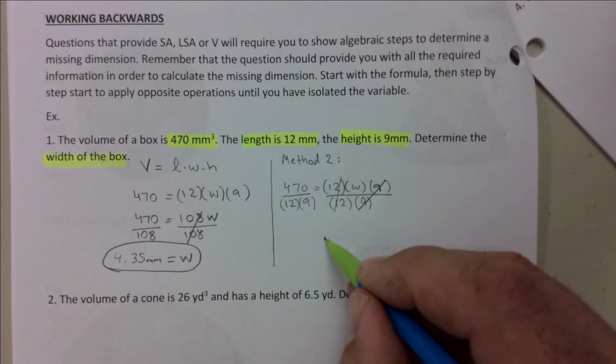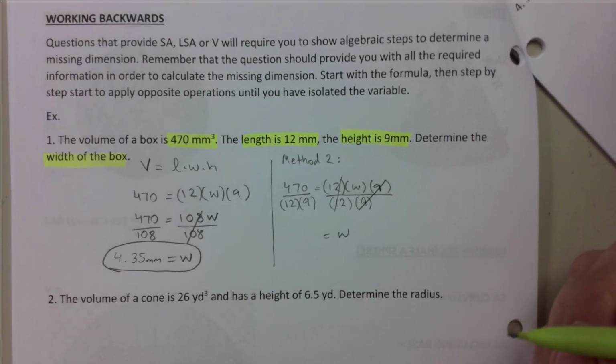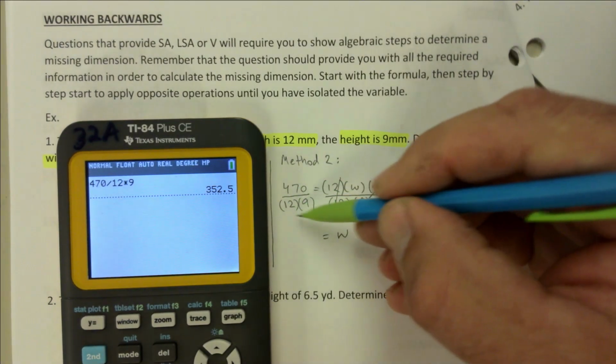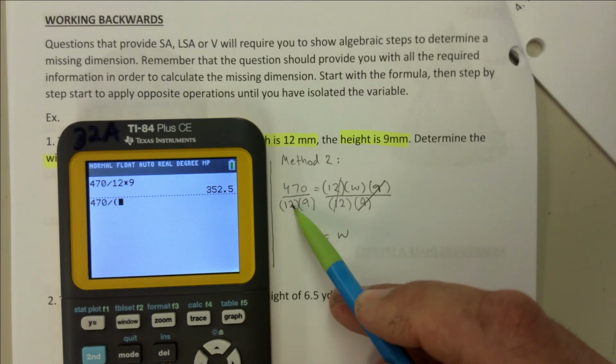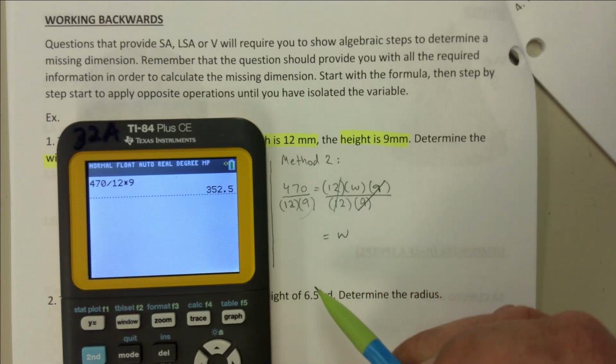If you do this, you just have to be very careful how you enter it into your calculator. For example, you cannot go like this, because that's going to give you the wrong answer, 352.5. If you want to enter all of this at once, you go 470 divided by, and you put 12 times 9 in brackets like this.